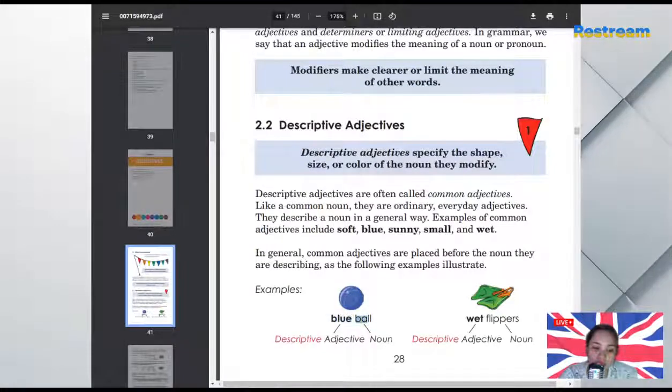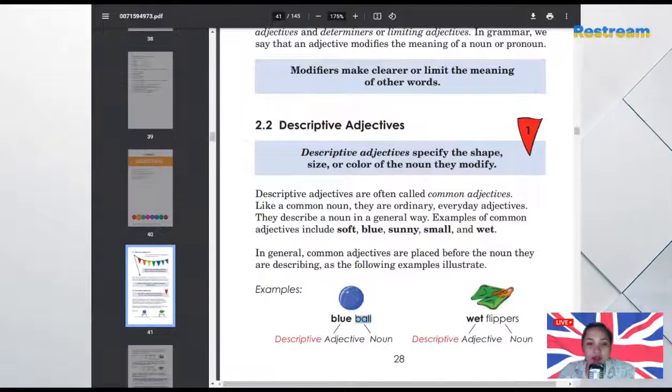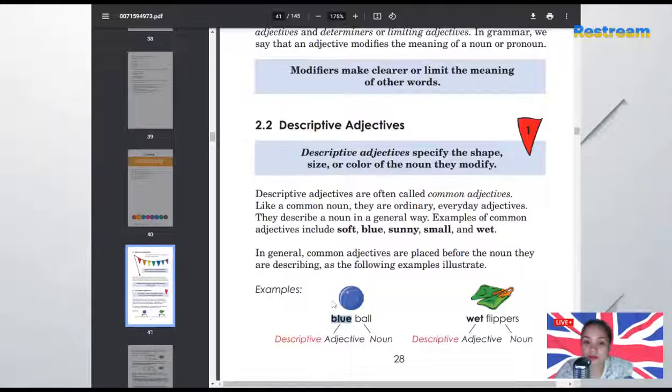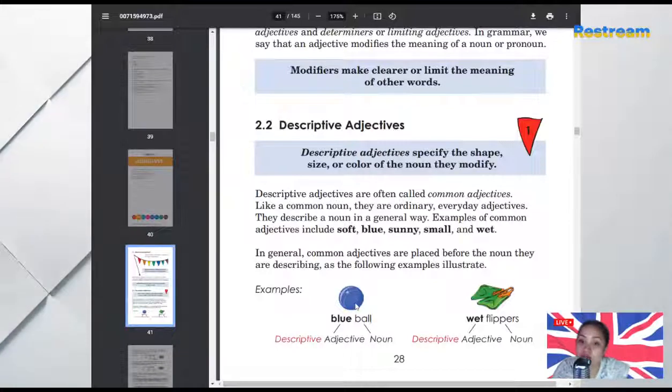The ball is the one being described as color blue. So blue is the modifier, the describing word, or adjective. It describes the ball. The ball is color blue.